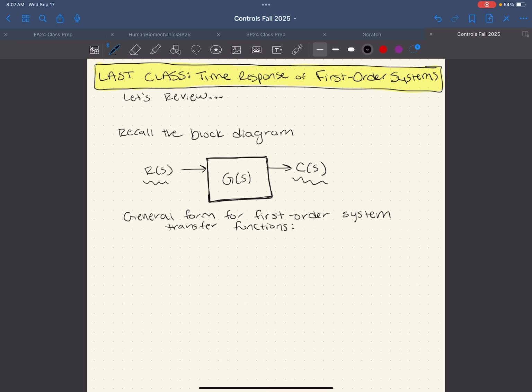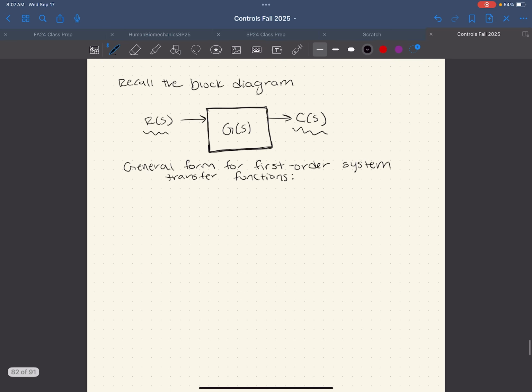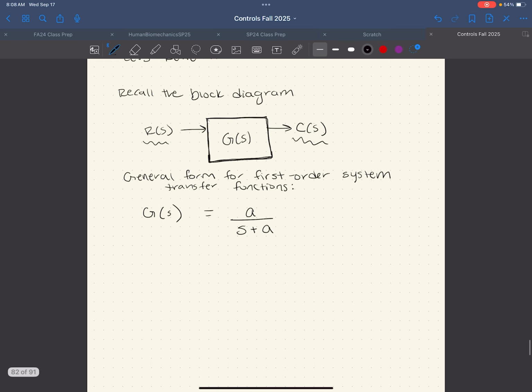And we said, if you have a first order system, you will always be able to write it as the transfer function G of S equal to some constant A over S plus A.